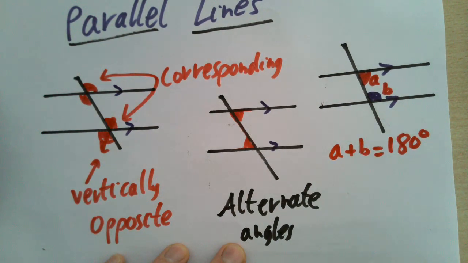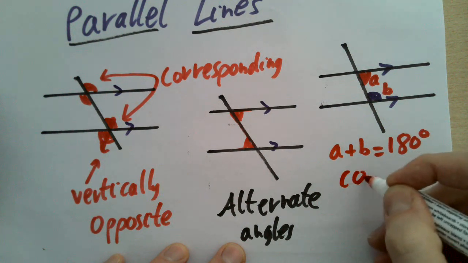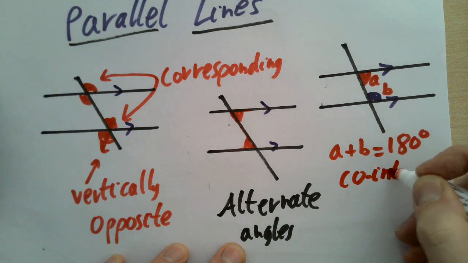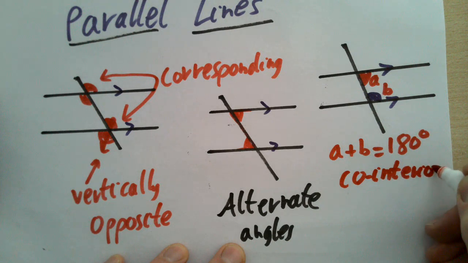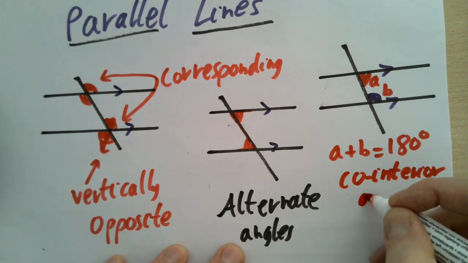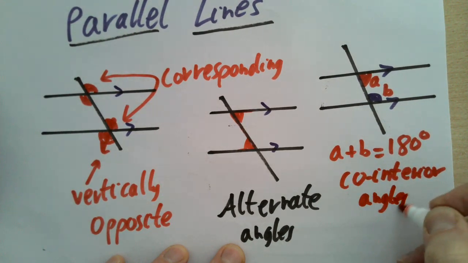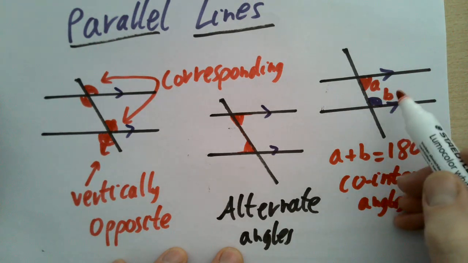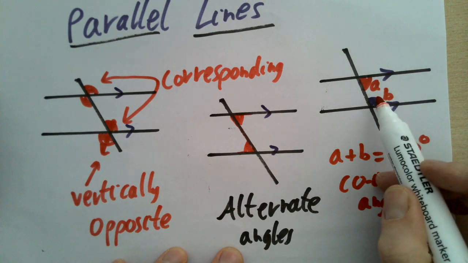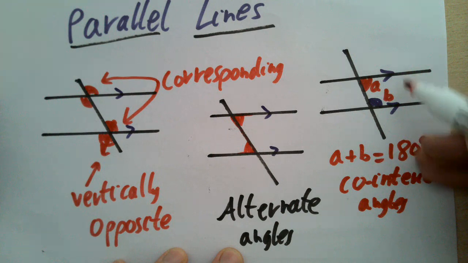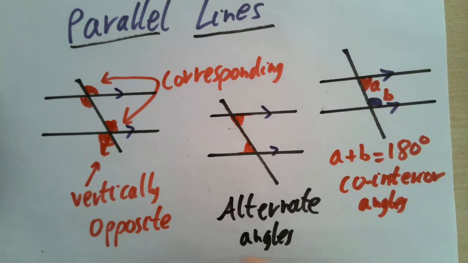Okay, and we call those types of angles co-interior. Yeah, co-interior angles, and they add up to 180 degrees. And if they didn't add up to 180 degrees, then those lines would not be parallel. Okay, right, they are your basic angle rules.